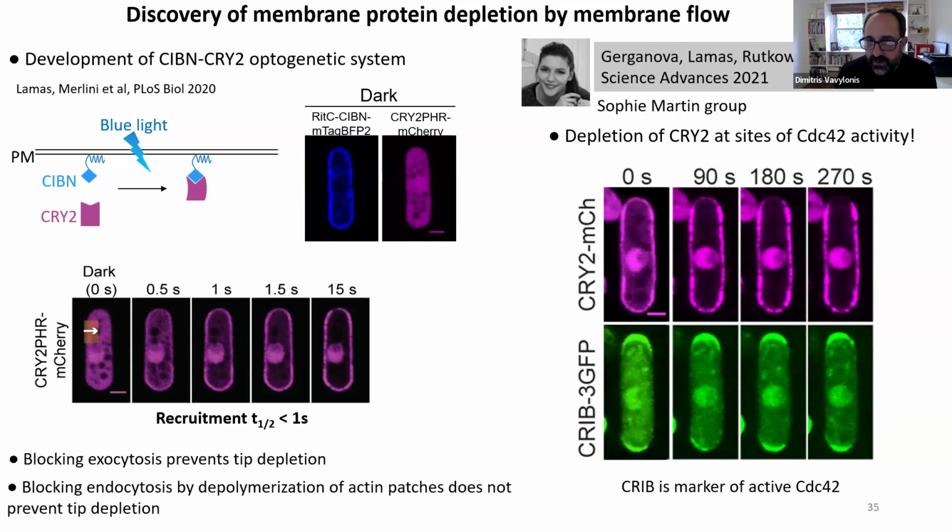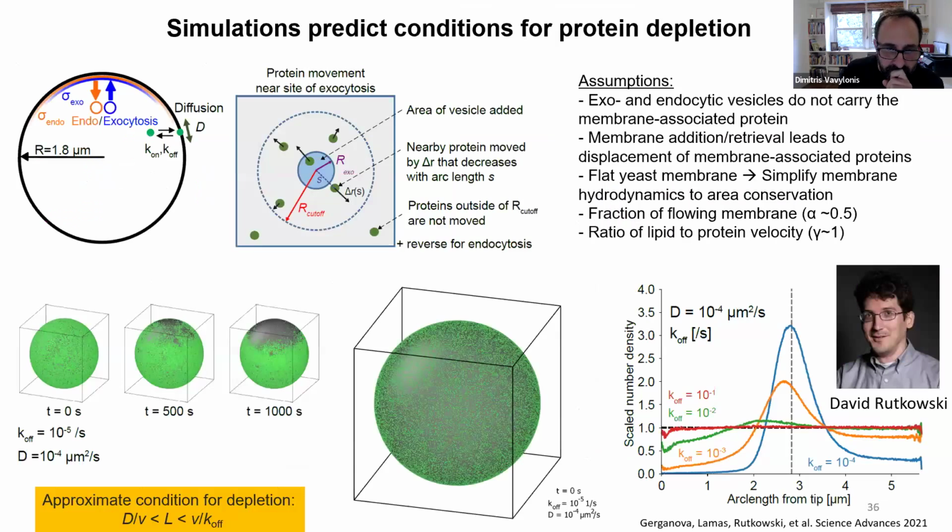So they asked us, is it possible that the membrane delivered here to the tips can somehow move proteins away from that site, membrane proteins? So we looked into this topic with David Rutkowski in our group, who developed this particle-based model, representing the tip of a yeast cell here simply as a sphere.